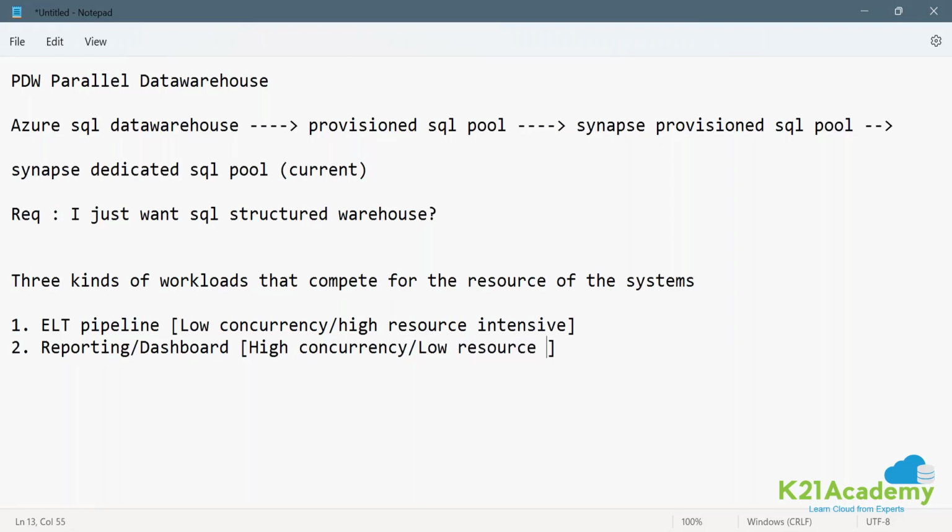Why? Because reporting workload is, although highly concurrent, not going to eat up a lot of system resources, because we're going to do a lot of performance tuning of the reporting queries. We know that performance of the reporting queries can be tuned because they are known ahead of time. They're not ad hoc.